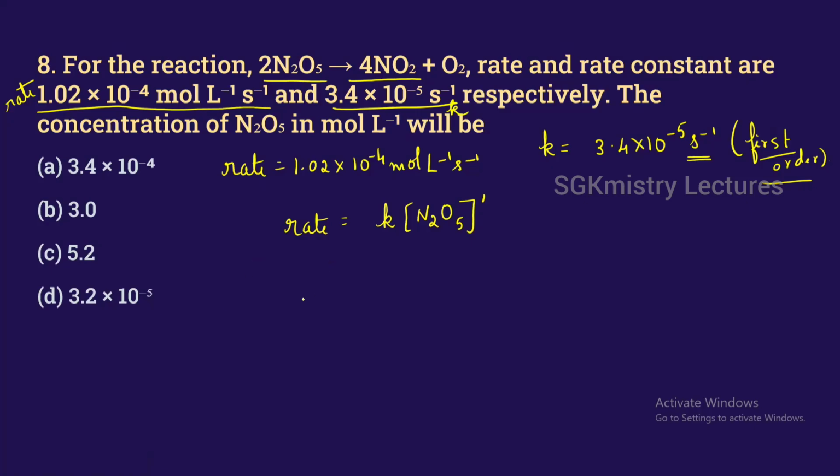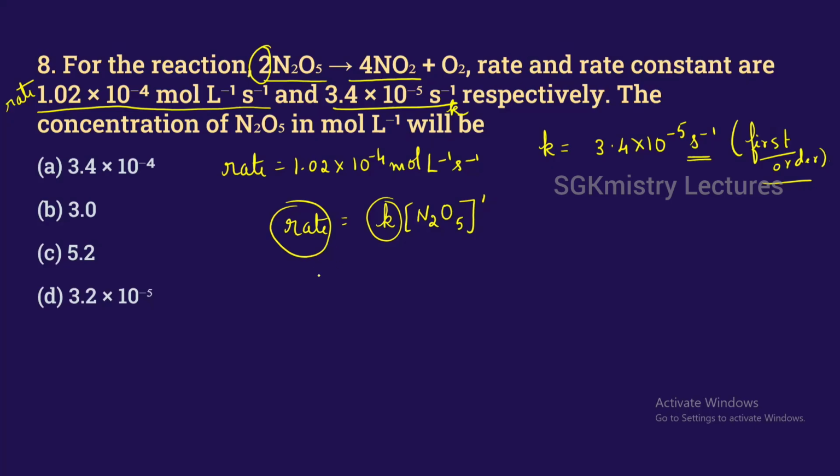We have the K value, we have the rate. We only need to find out the concentration, that is N2O5. Although in the equation it is 2, we need not write 2 here because since it is a first order reaction, the rate is directly proportional to the first power of the reactant. So that's why I have taken it as the N2O5 concentration to the power of 1.